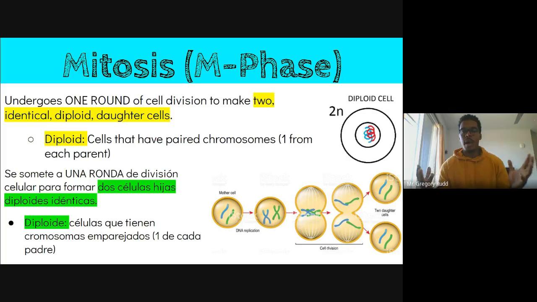That was a mouthful, right? So two cells that are identical to each other, and they're also identical to their parent cell. And those new daughter cells are also what we called diploid. This means that they have a full set of paired chromosomes.